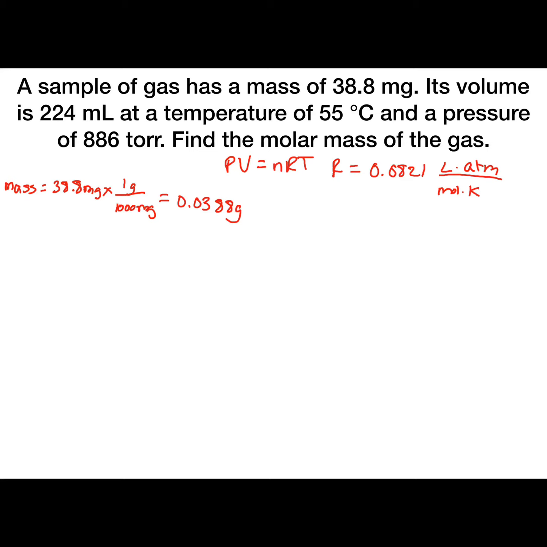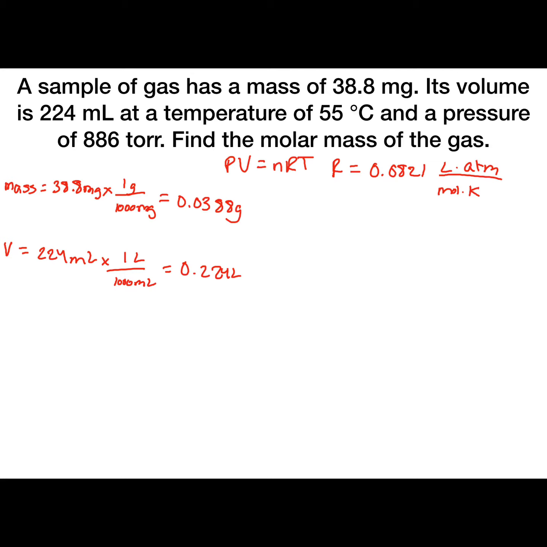Next, we need to convert our volume from milliliters to liters. So our volume right now is 224 milliliters. And to convert this into liters, we have to divide by 1,000. So 224 milliliters is equal to 0.224 liters.